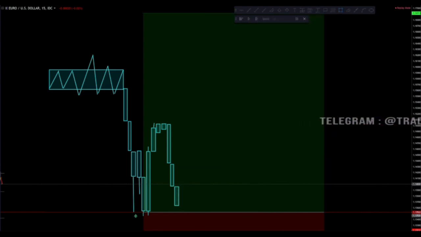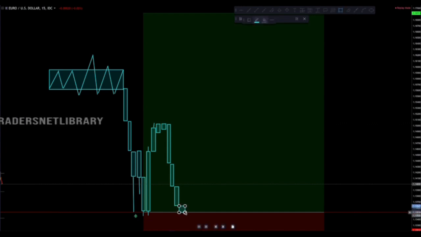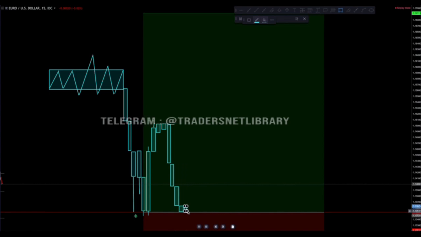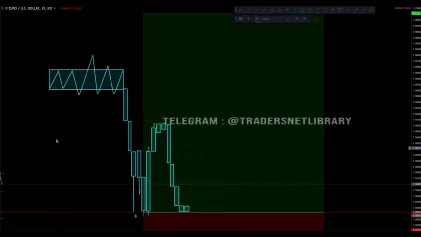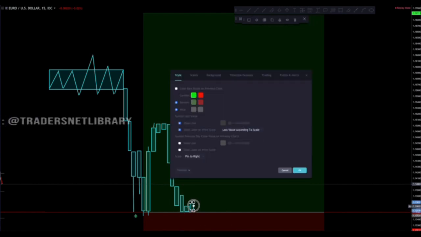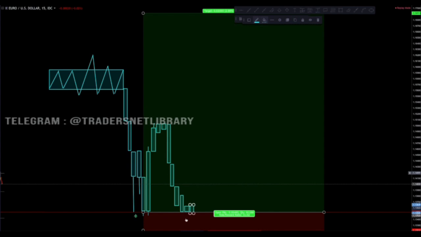All right, and what are we forming right now? A deceleration, smaller candles. That's deceleration. It doesn't have to be next to each other, but smaller candles, inside bars, whatever you want to call it. Sorry for that.